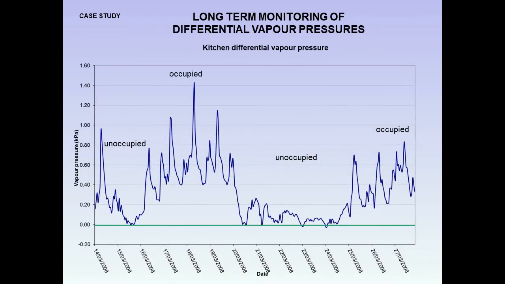Long-term monitoring again. What do we have here? Notice the big dips. These dips in the differential vapour pressure occurred when the property was unoccupied. And it shows up quite clearly in many of the monitoring situations. The problem was only occurring when the property was occupied.